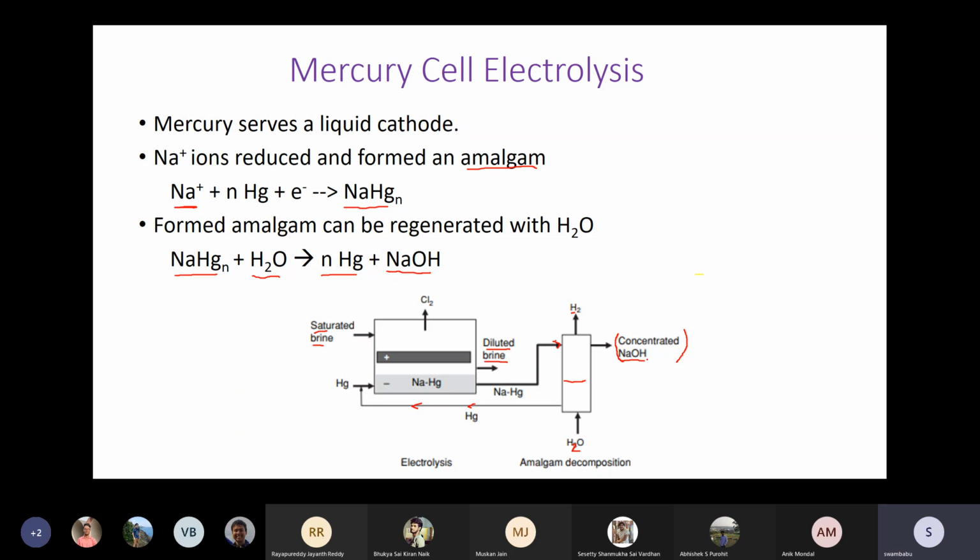So one can get the highest purity NaOH from this mercury cell electrolysis process.